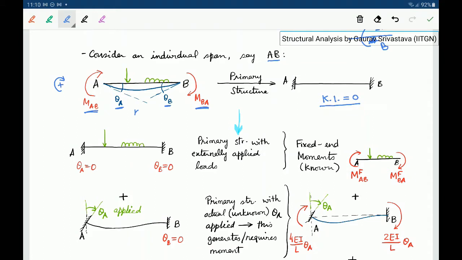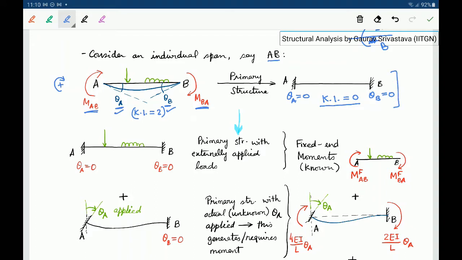As of now, the kinematic indeterminacy is 2, and these two degrees of freedom are theta A and theta B. When we make the primary structure, we ensure that theta A and theta B are both restrained. So this becomes the primary structure with kinematic indeterminacy equal to 0.